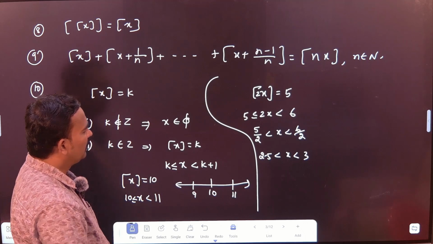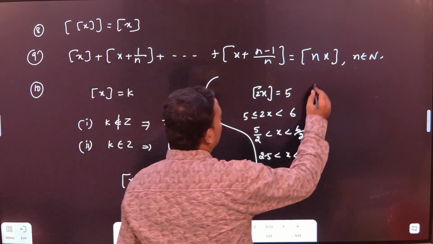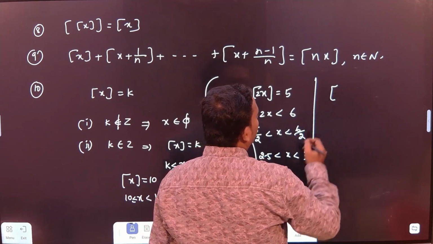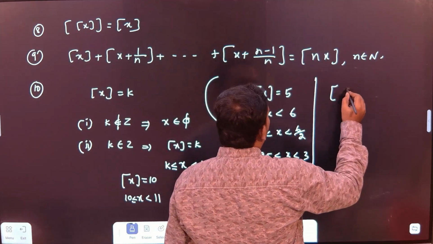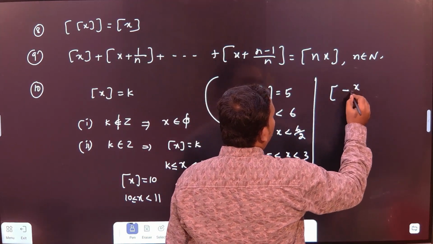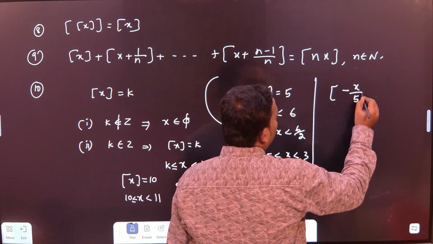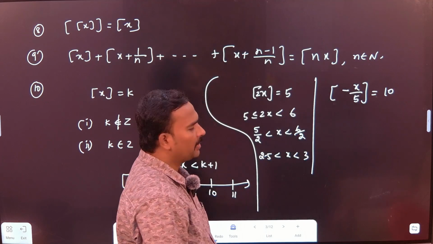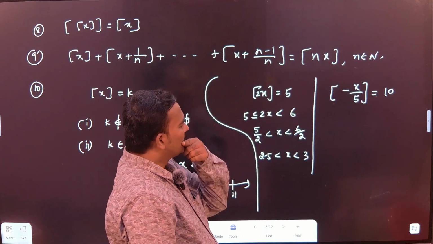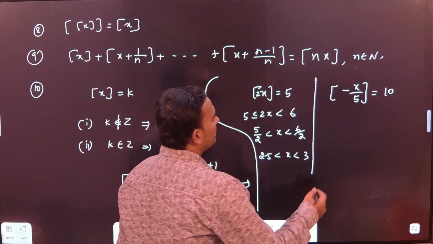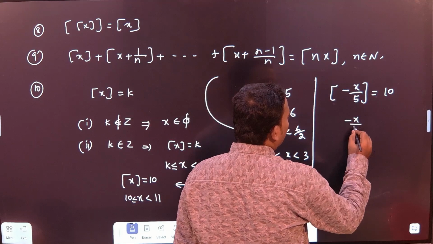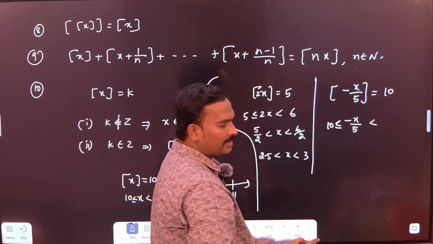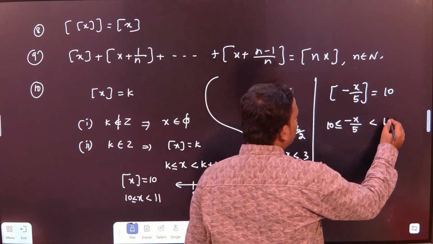Okay. So let's take another example. Let's take the greatest integer function of minus x by 5, equal to, let's take 10. So then how to find the x value? So you know that minus x by 5 will be from 10 to, by definition you know, 10 to 11, right?